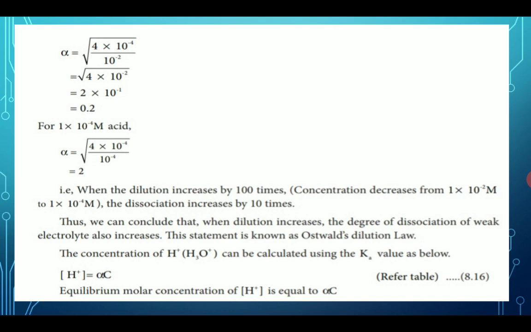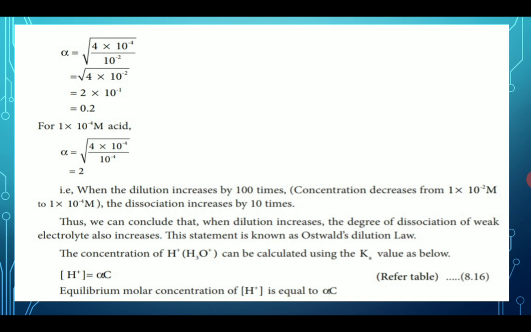When you cancel, you get 4 into 10 power minus 2. The square root gives 2 and 10 power minus 1, since the square root of 10 power minus 2 is 10 power minus 1. 10 power minus 1 is nothing but 1 by 10, so 1 by 10 into 2 is equal to 0.2. Similarly, for 10 power minus 4, we get 2.